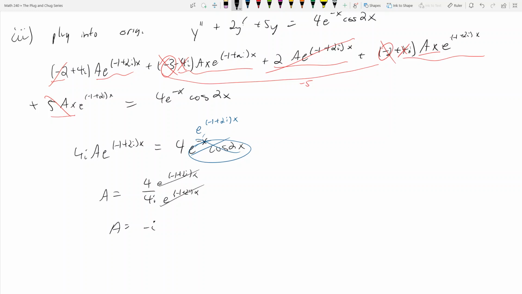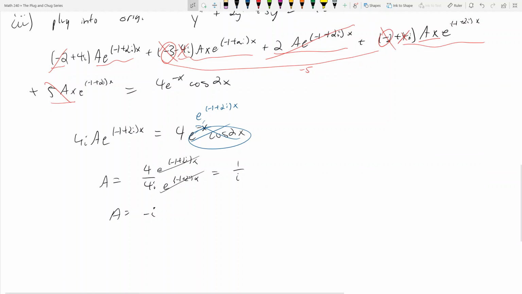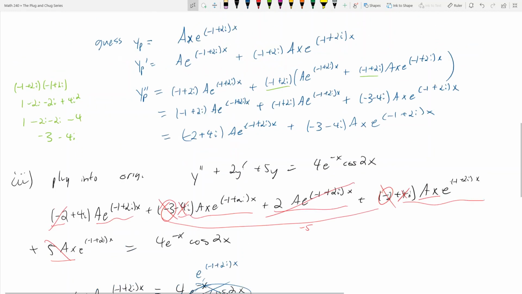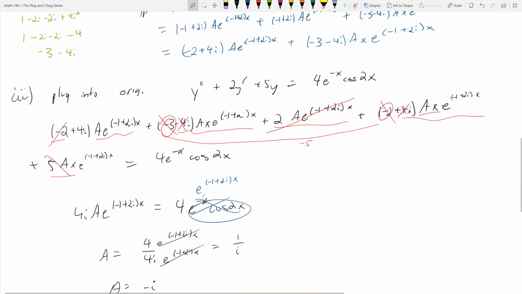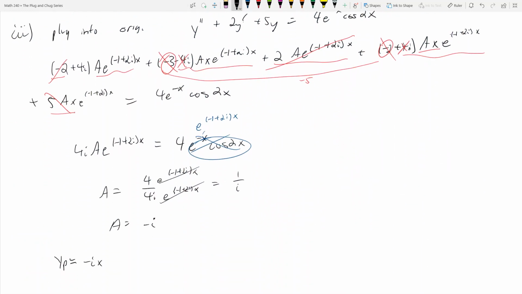And of course, 4 over 4i is 1 over i, right? So a is equal to negative i, which now tells me that yp, this guy up here, originally was negative ix e to the negative 1 plus 2ix.